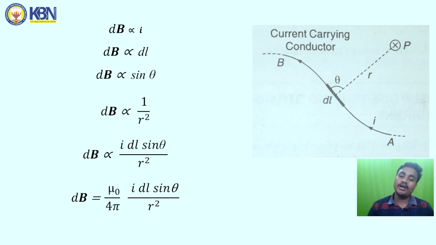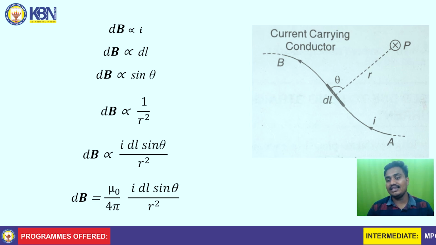Now, according to Biot-Savart's law, the magnetic field dB is directly proportional to I. Magnetic induction is directly proportional to the current passing through the conductor. Similarly, it is directly proportional to the length of the element dl. Again, it is directly proportional to the sine of the angle theta between the line joining the point P and the length element dl.